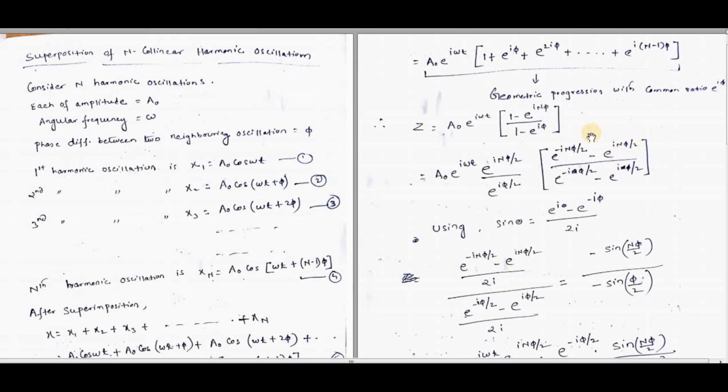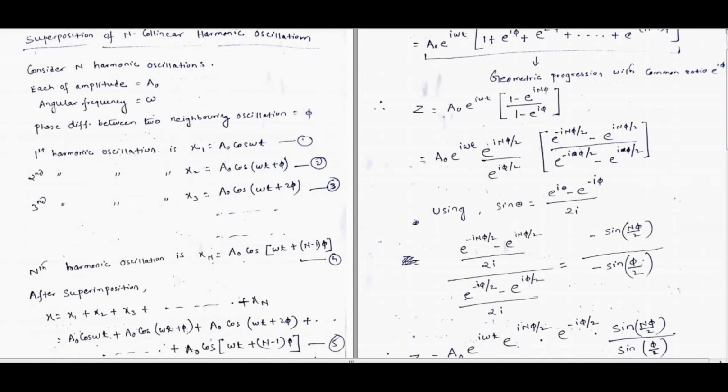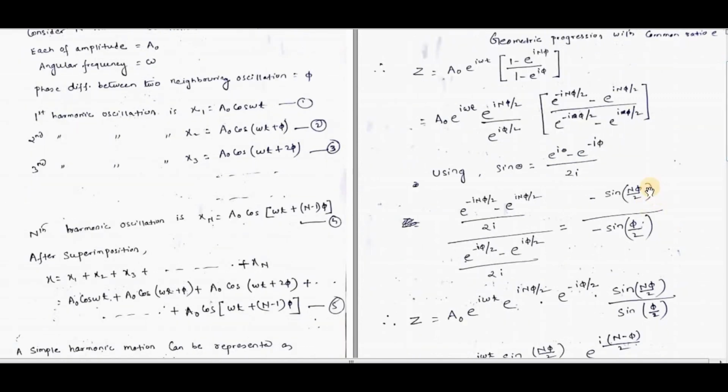You can see this entire term inside the bracket I am writing in this form. That means I am dividing the numerator and the denominator by twice i. So this can be written as minus sin n phi by 2 using this formula, and the denominator term can be written as minus sin phi by 2. Putting this in place, what will you get?